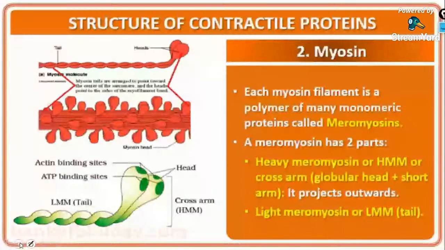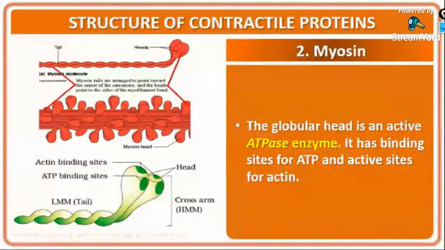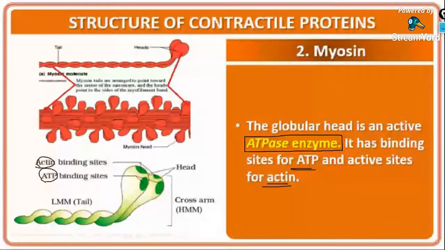The globular head consists of an active ATPase enzyme, which has active binding sites for ATP and an active site for actin. So a particular enzyme is present which helps in the binding of ATP, that is the ATPase enzyme, which is an important question for your NEET 2021.